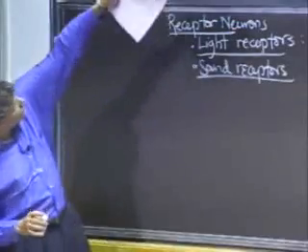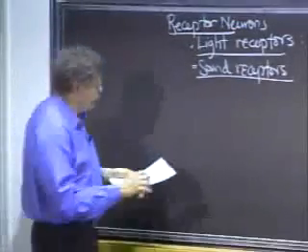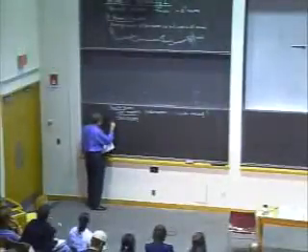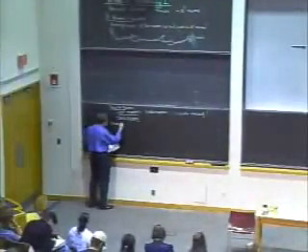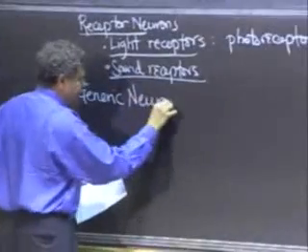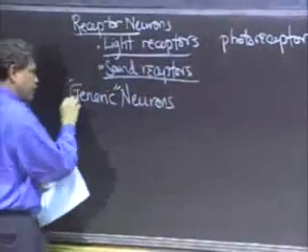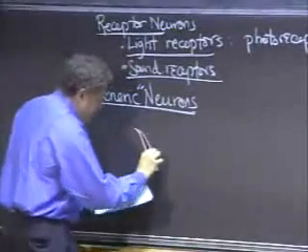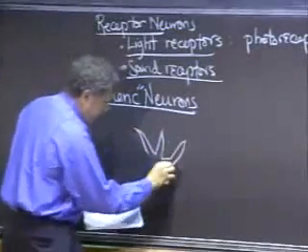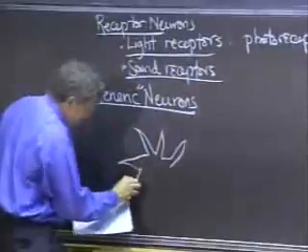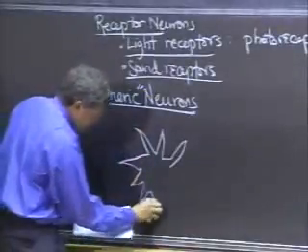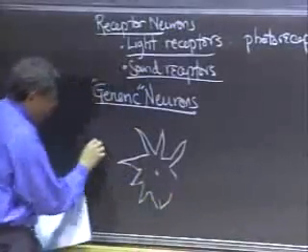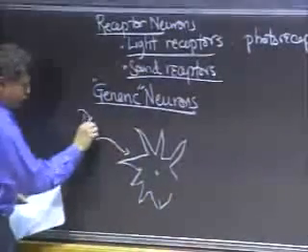We're going to focus, though, more on this intermediate step of a generic neuron. So here's my generic neuron, and the first thing that has to be said is there are no generic neurons. Neurons are all very specific, but I'm going to use a generic neuron for the moment. The important features of a generic neuron: it has these little processes on its cell body that are called dendrites.